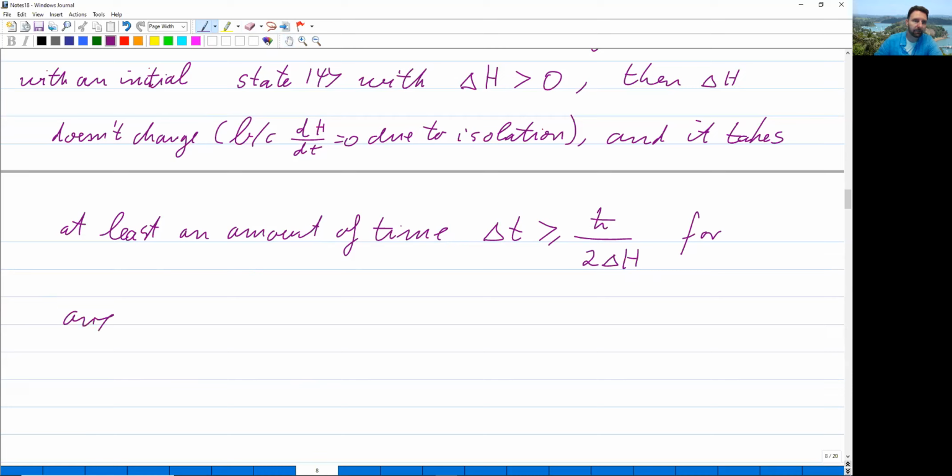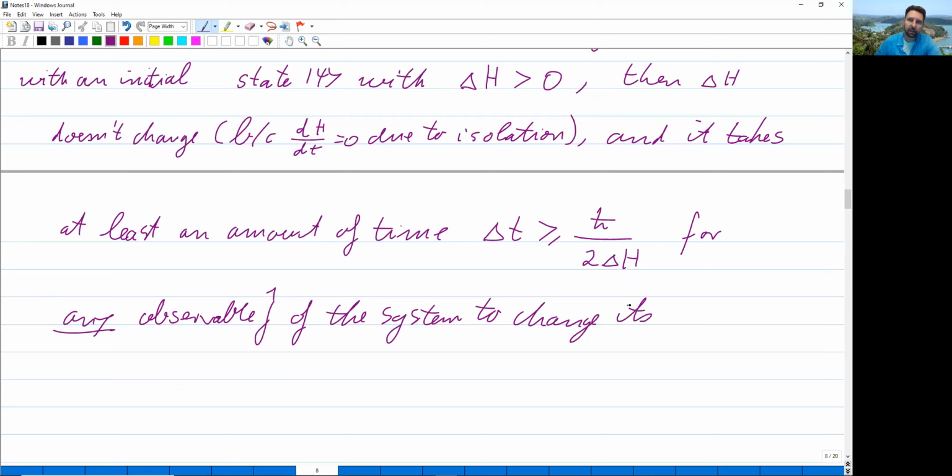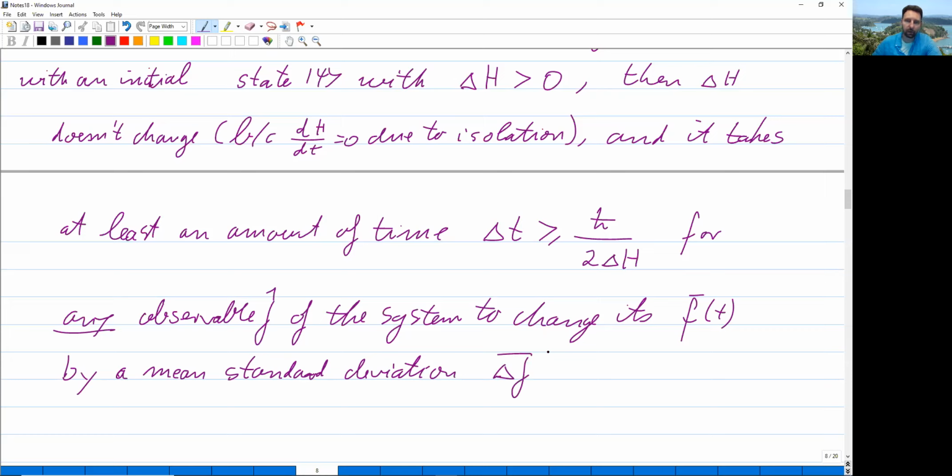for any observable f hat of the system to change its f bar of t by a mean standard deviation delta f bar, where delta f bar is equal to 1 over delta t integral t naught to t naught plus delta t delta f of t dt, right?